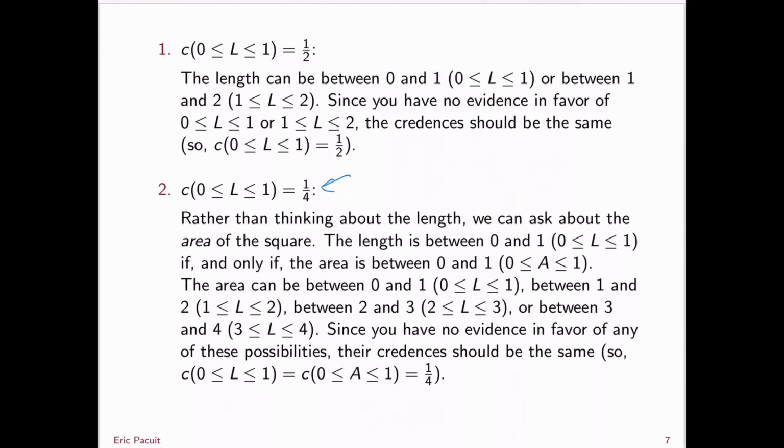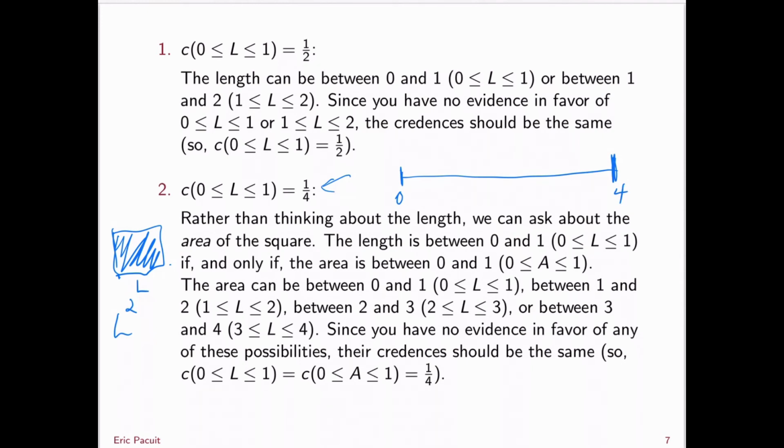So the idea here is, rather than asking about the length of a square, we're interested in the area of the square. And remember that the area of a square of length L is L squared. So the area, since our square is of length 0 to 2, the area ranges from 0 to 4.